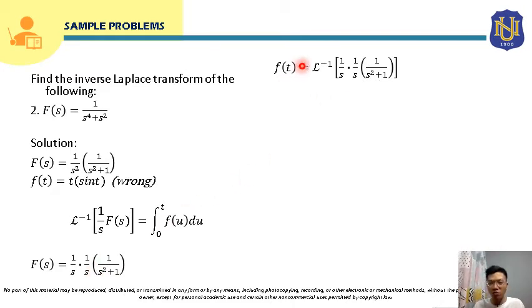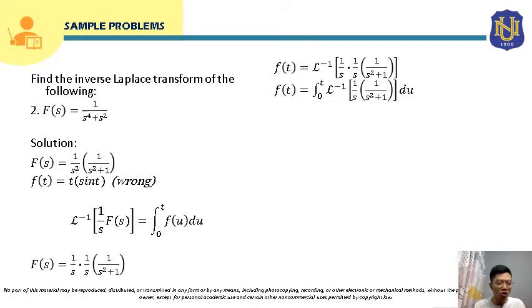For our f of t, that will be the inverse Laplace transform of this, which is equivalent to this, wherein f of u is the inverse Laplace transform of this f of s expressed in u. In this case, our f of s is 1 over s times 1 over s squared plus 1.